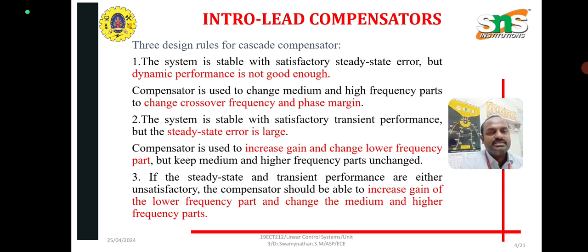Second: the system is stable with satisfactory transient performance, but the steady state error is large. The compensator is used to increase the gain and change the lower frequency parts, but keep the medium and higher frequency parts unchanged. Third: if the steady state and transient performance are both unsatisfactory, the compensator should increase the gain of the lower frequency part and change the medium and higher frequency parts.